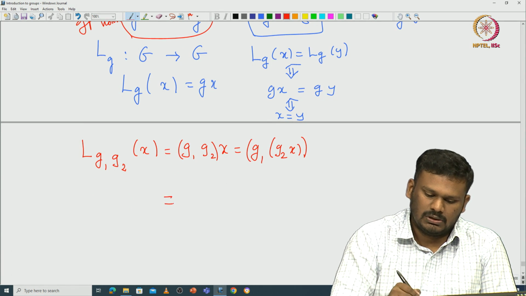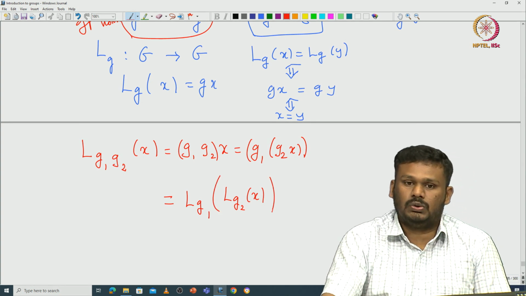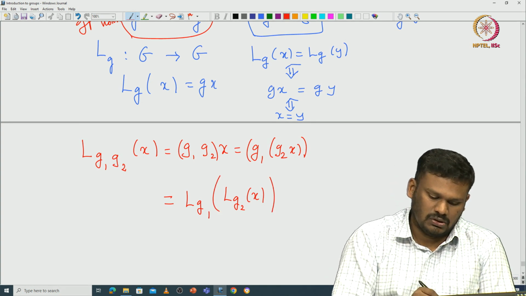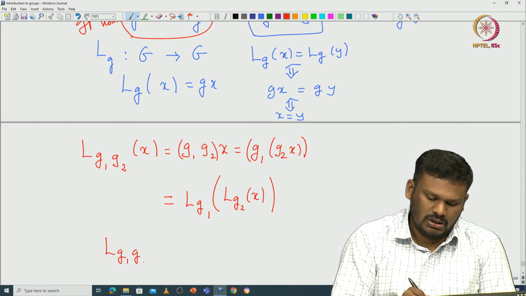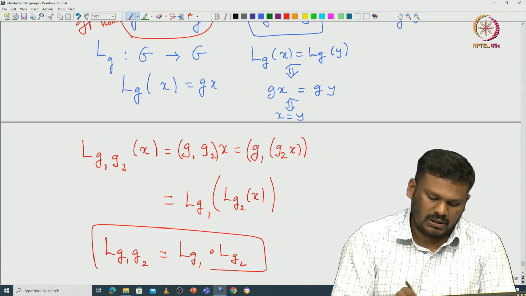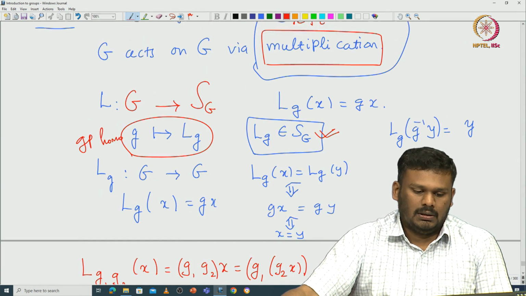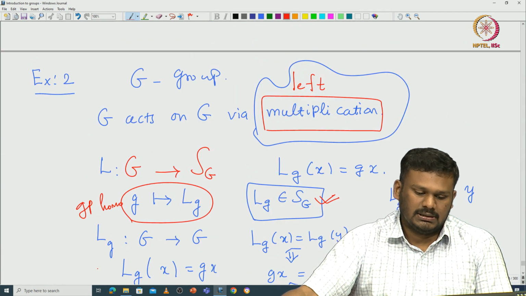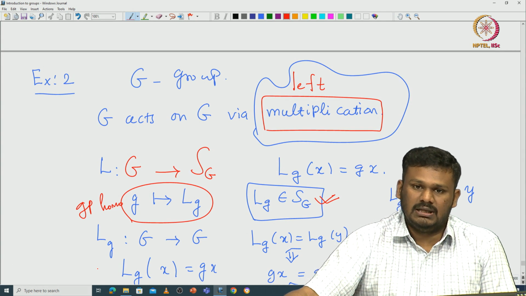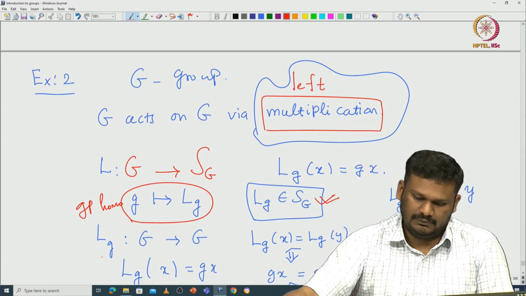That means you first apply LG2 on x and then you apply LG1 on this LG2 x. This is what it says. So, L of G1 G2 is exactly LG1 composed with LG2. So, it is indeed a group homomorphism. That means G is acting on G via left multiplication, or via this map L.